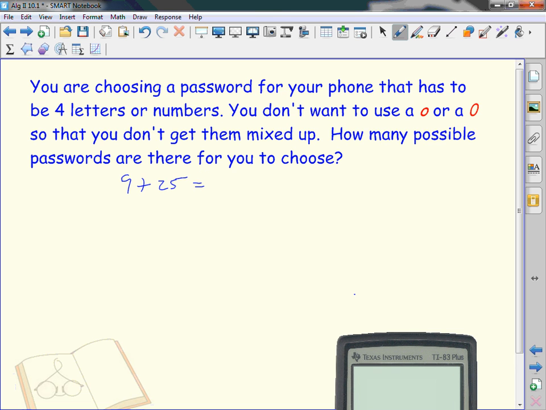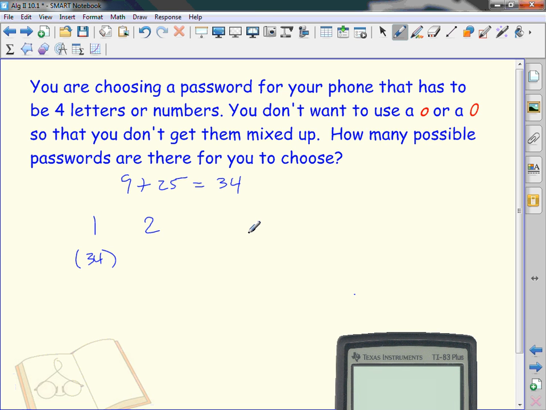There's a total of 34 different possibilities. Now, using the counting principle, how many possibilities do I have for the first piece of the combination? 34 possibilities. I could pick any number or any letter.